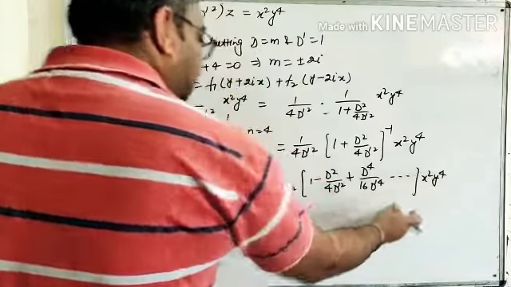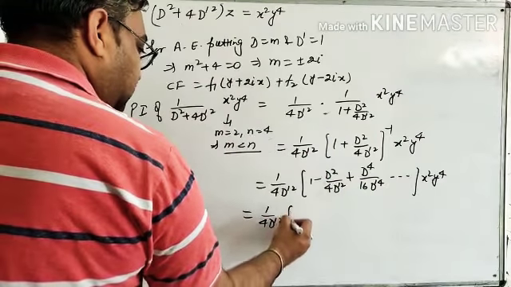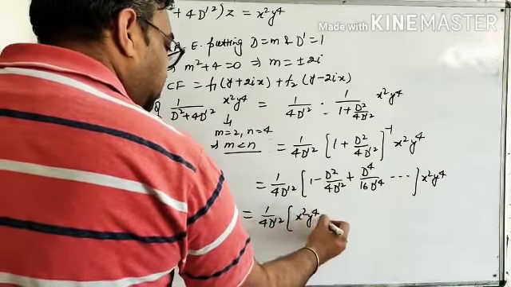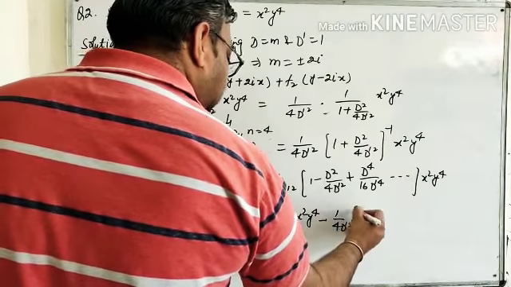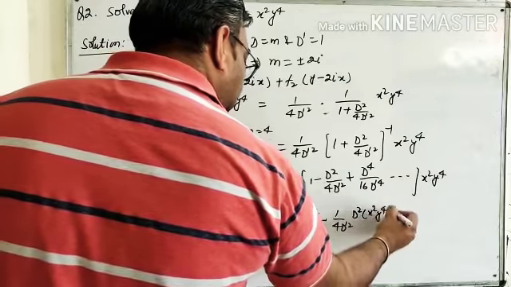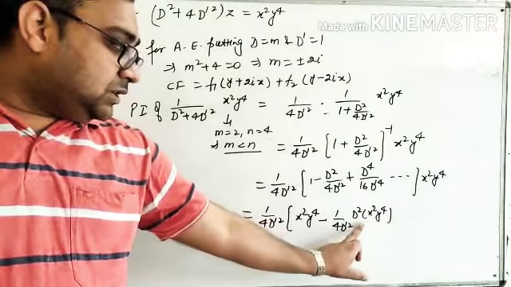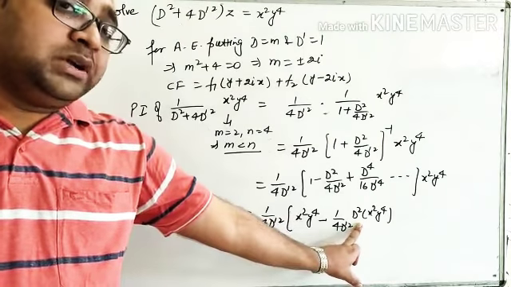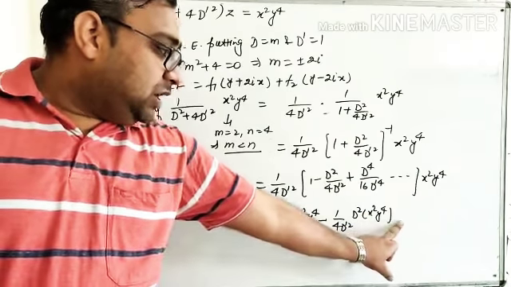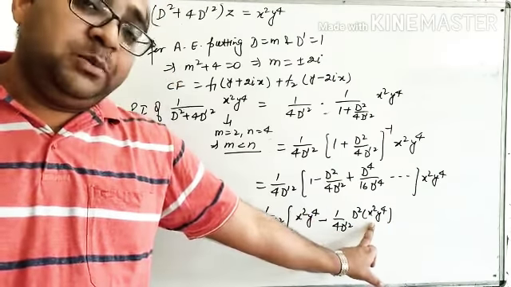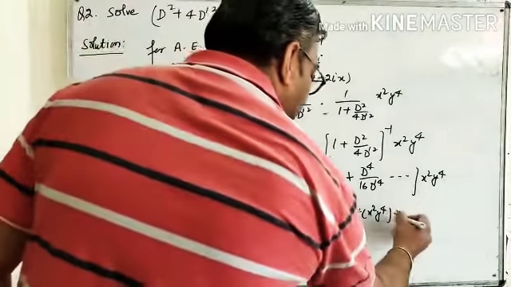Now again taking x square y raised to power 4 inside the bracket: 1 upon 4 D dash square x square y raised to power 4 minus 1 upon 4 D dash square D square of x square y raised to power 4. Now the two-time differentiation of x square with respect to x will be 2. That is a constant term, and again if we differentiate it with respect to x, it will become 0. So all the succeeding terms will become 0.